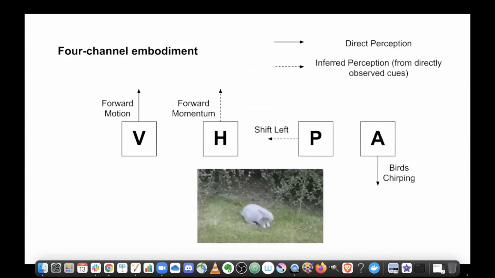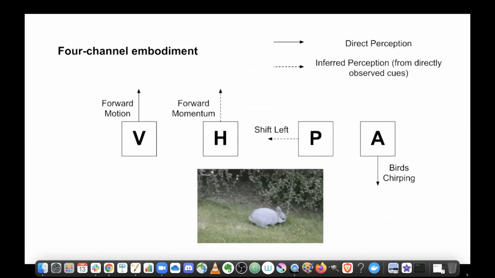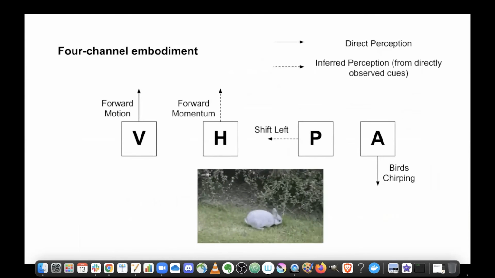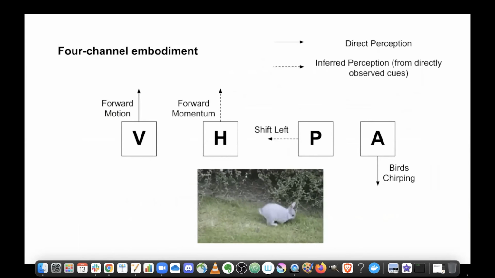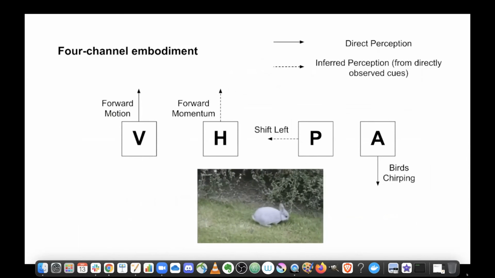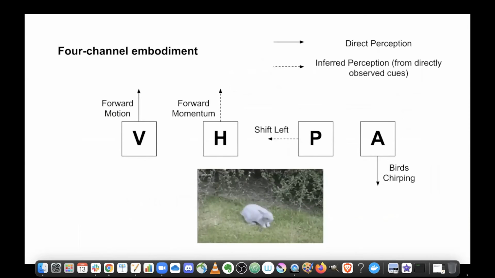And so here we have an example of how you would measure this. This is not using a set of equations, but this is using a symbolic language where you have these different sensory modalities, and you're looking at the direction of motion, but also whether it's direct perception or some sort of inference, where you're observing things indirectly. So in this case, forward motion is being observed directly.